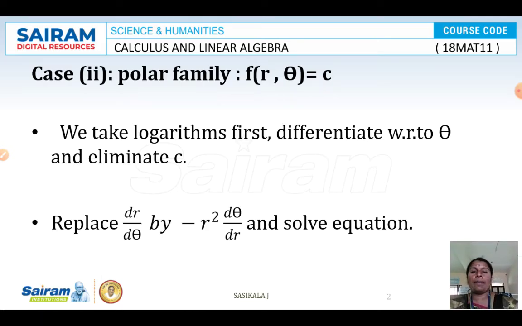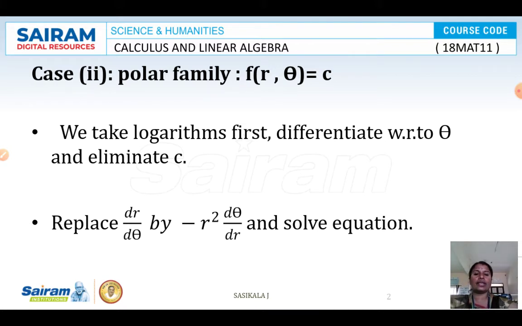When you have a polar family, as we already know, the coordinates are r and theta. If the curve is given as f of r comma theta equal to c, then we can tell it is a polar family. The first step, by default, is to take a log, because r and theta appear along with the parameter, and we first need to eliminate the parameter. It is an easy format, because with log I can apply the power rule, or the log of a into b, or log of a by b.